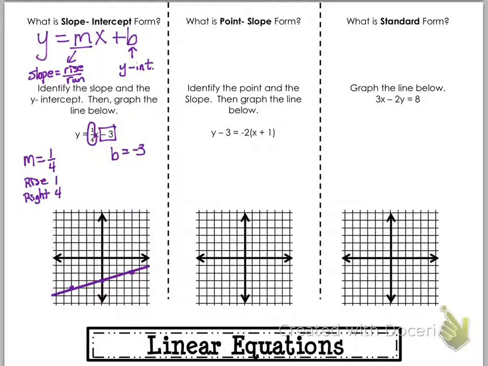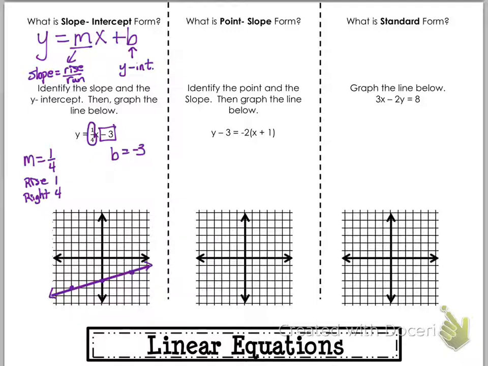Sorry, I'm playing with some stuff here and trying to figure out what I want it to do. Let's go back and just add in my arrows because they didn't show up. So that is for slope-intercept form.